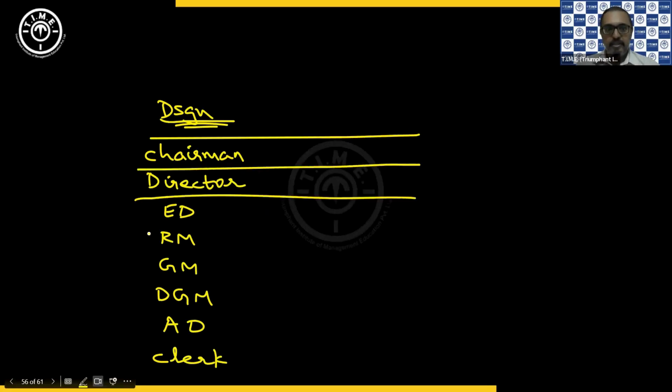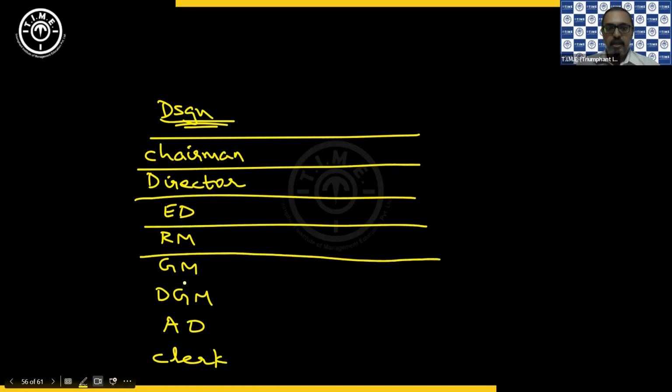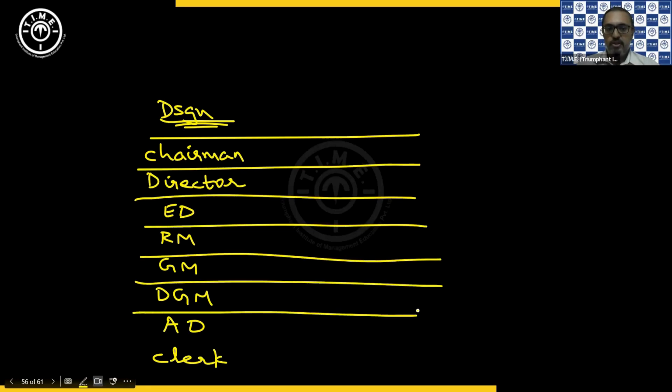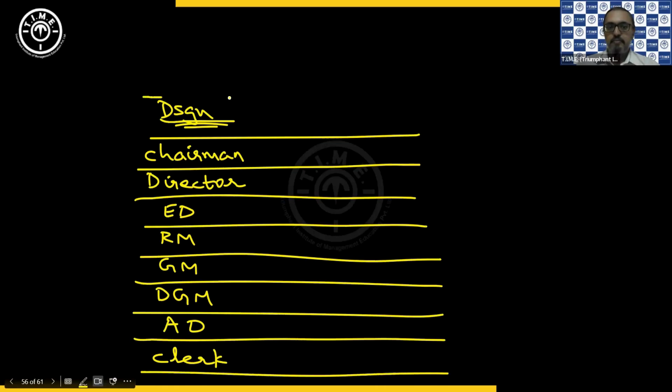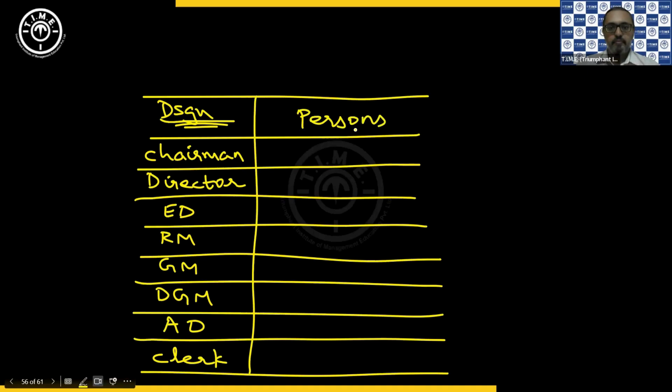Okay. So we have the designations, and now based on the instructions, we can arrange the persons. Okay. So let's see this.